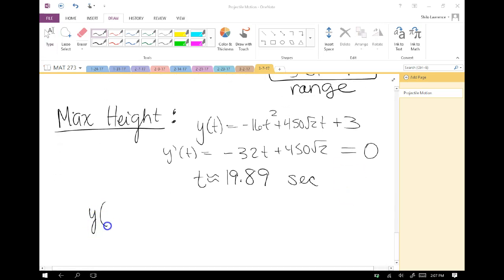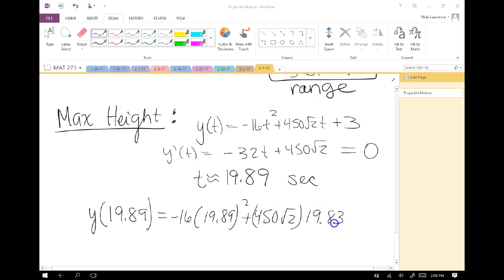So we're going to find the y value at 19.89. $331.125.